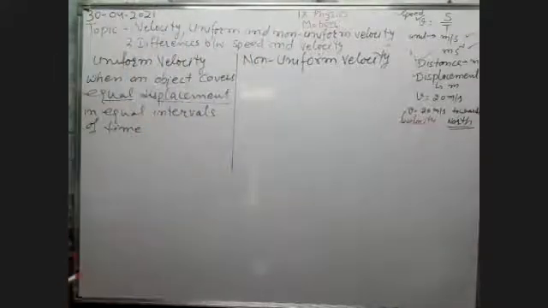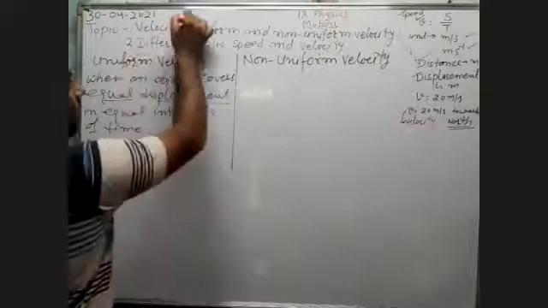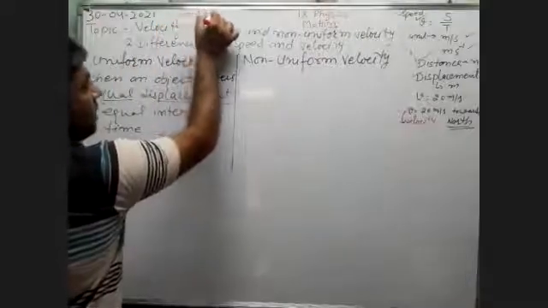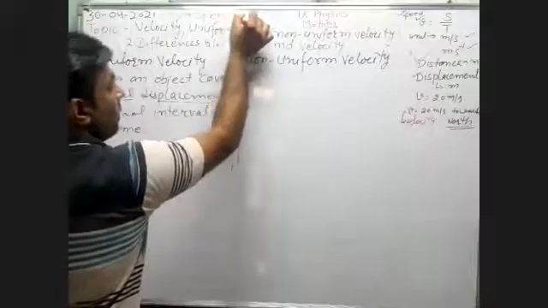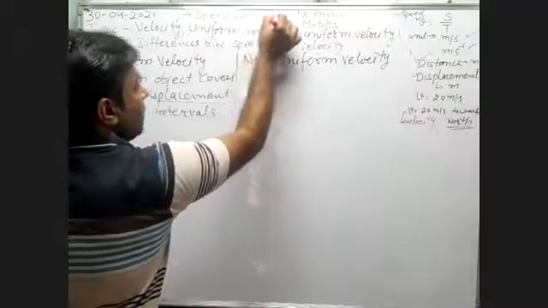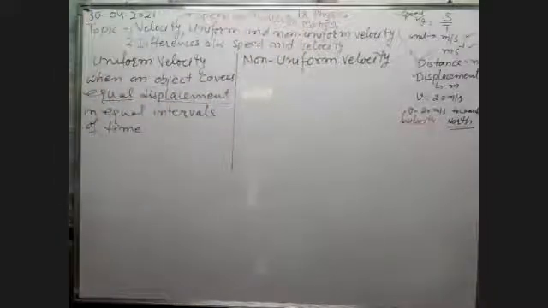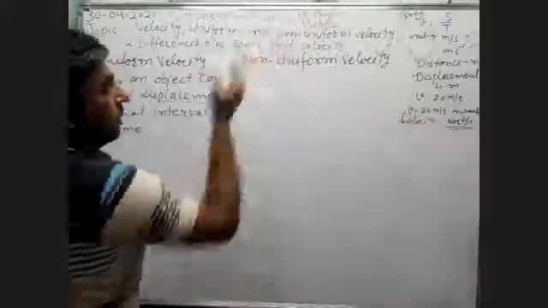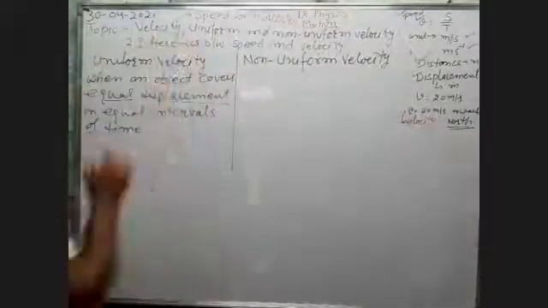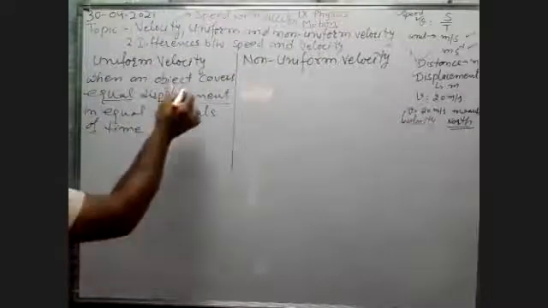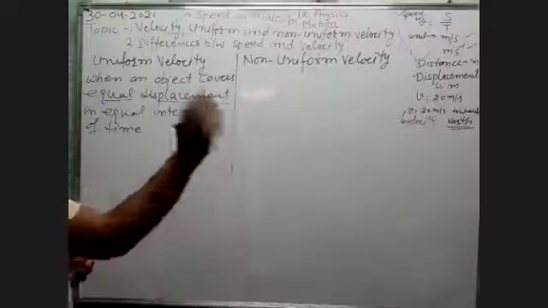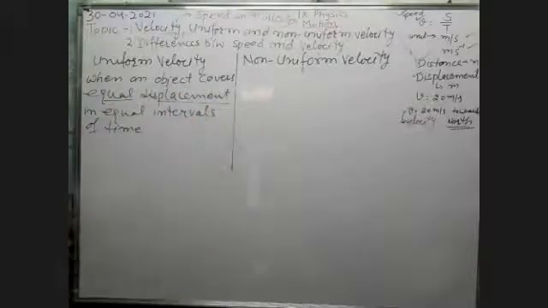So when we consider speed along with direction, it becomes velocity. When we consider distance with direction, it becomes displacement. So equal displacement covered in equal intervals of time is known as uniform velocity.